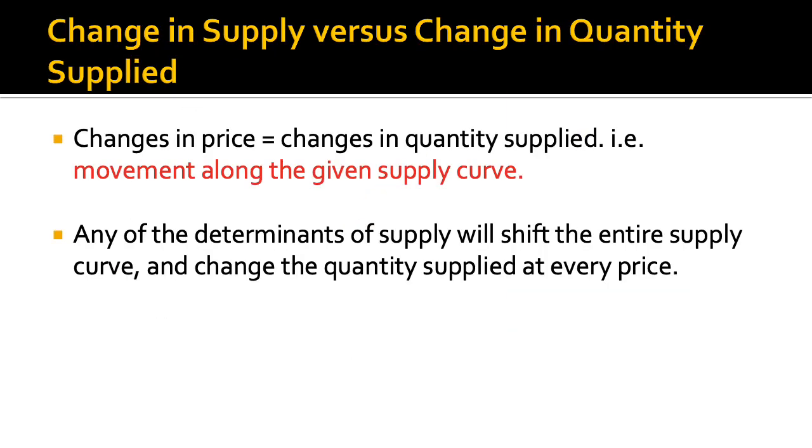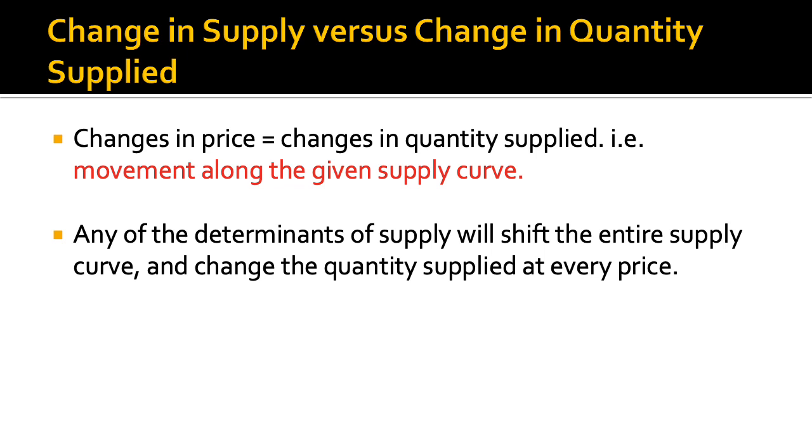Similar to the demand curve, we can distinguish between a change in supply versus a change in quantity supplied. Changes in price equal changes in quantity supplied, and it's a movement along the given supply curve.